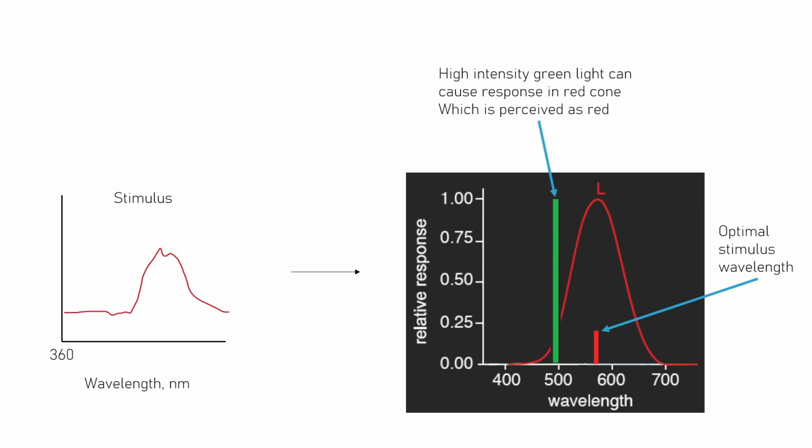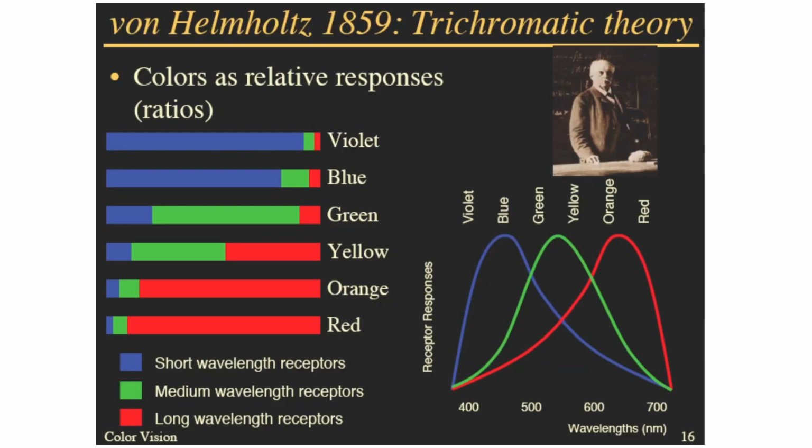However, if a more intense light source of a different wavelength hits the same red cone, it will produce the exact same response for that specific cone. So if a green light with high intensity hits a red cone cell, it can produce the same red stimulus response as a red light with lower intensity. This is what's so interesting.